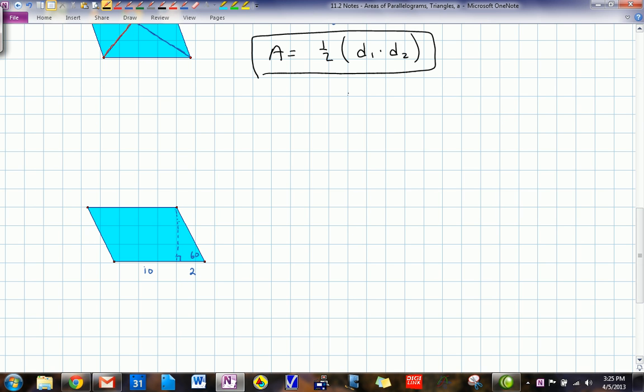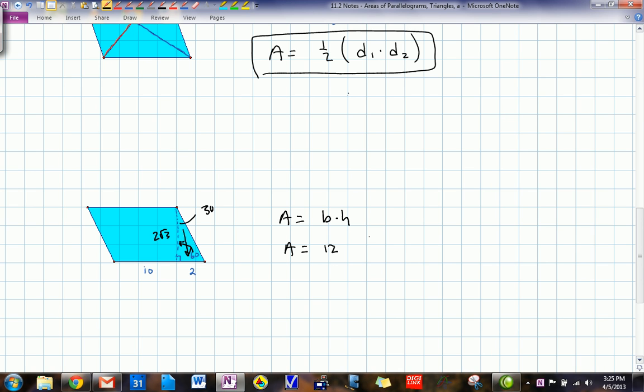So first of all, you have to remember that in a 30, 60, 90 right triangle, if the side opposite the 30 is 2, then the side opposite the 60 is 2 times the square root of 3. So therefore, the height of that parallelogram is 2 times the square root of 3. And if I multiply the base times the height, remember area is equal to base times height, then the area is equal to, well, the whole base is 12, right? 10 plus 2 is 12.